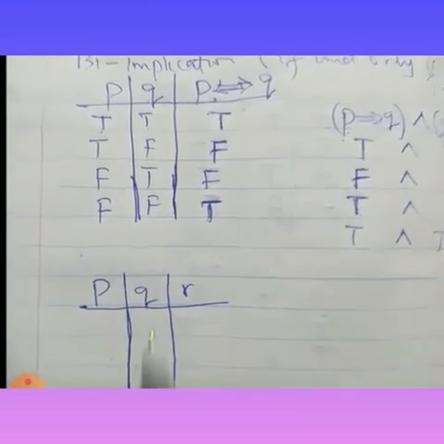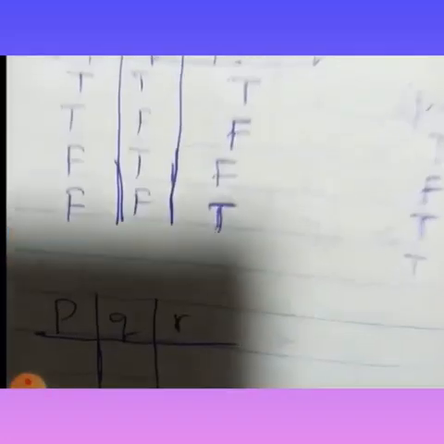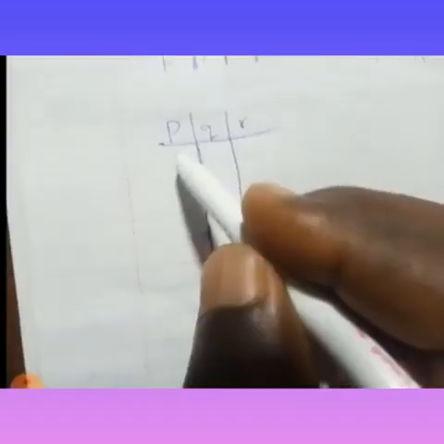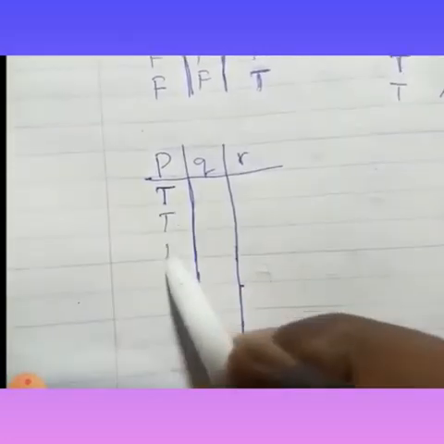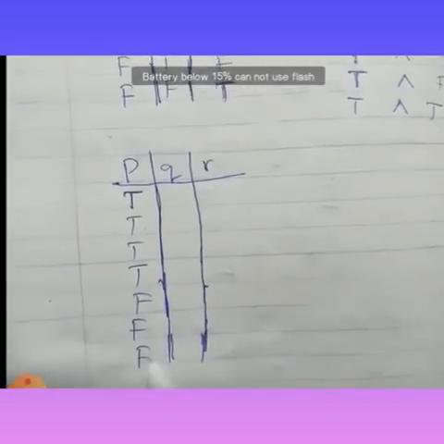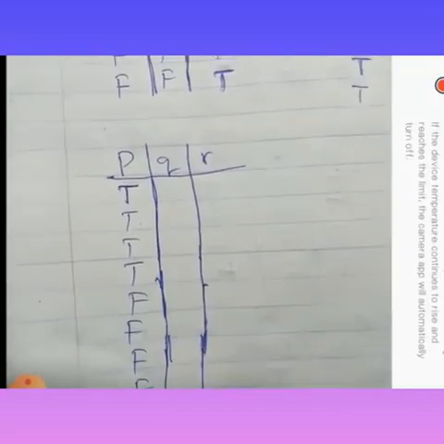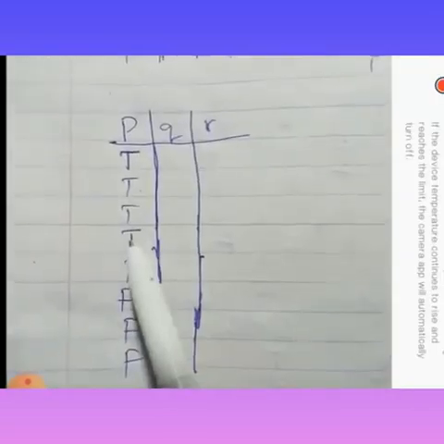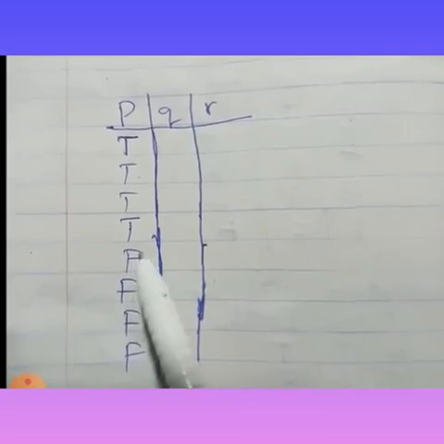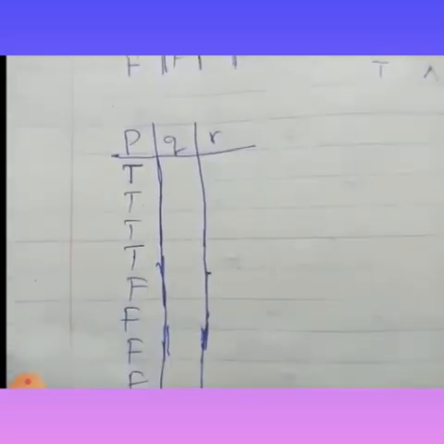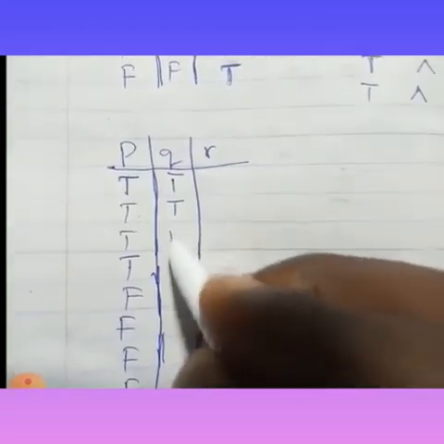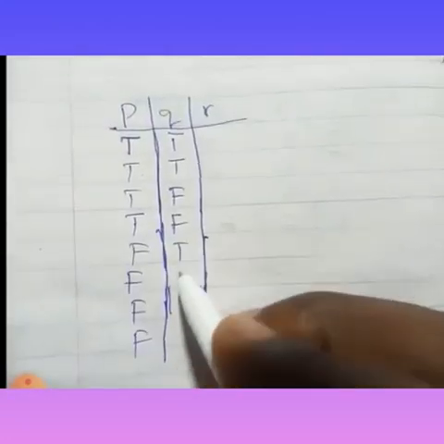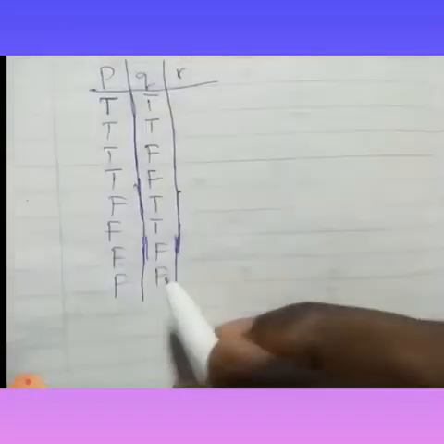So for P, by convention, you're going to write true to capture all the different cases. Write true, true, true, true, false, false, false, false. For the first statement, that is 4 true values and 4 false values. So for the next statement, we write true, true, false, false, true, true, false, false.